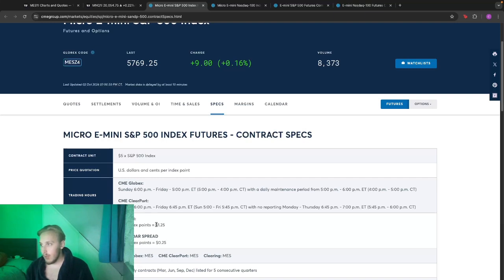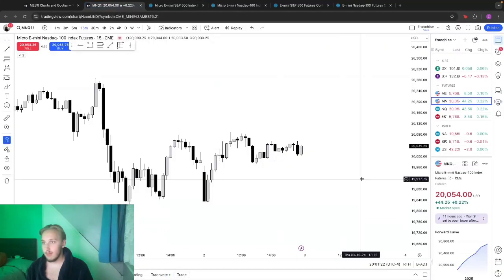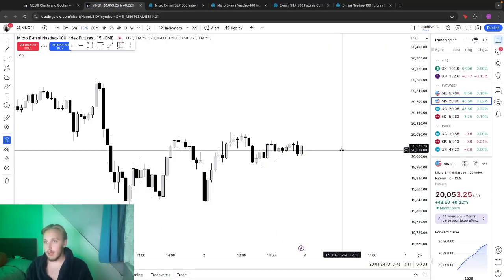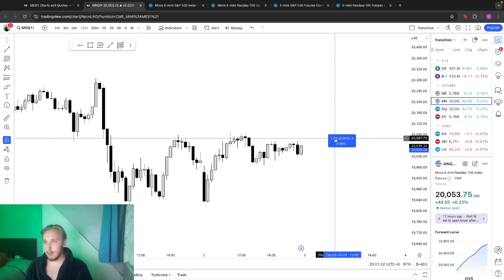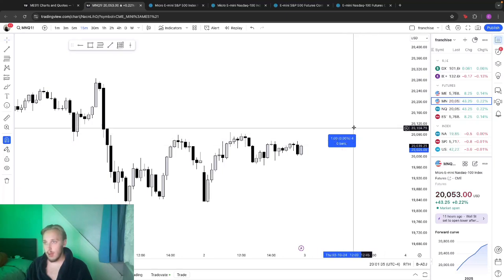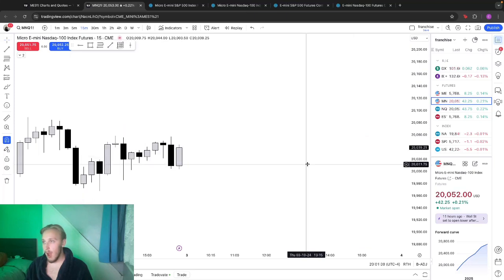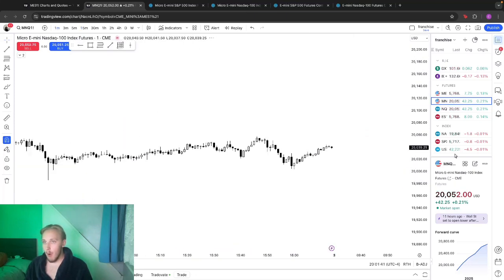So in Forex it's pips. In futures, the smallest movement you can make is 0.25, aka one movement. Let me zoom in, because there's way more.